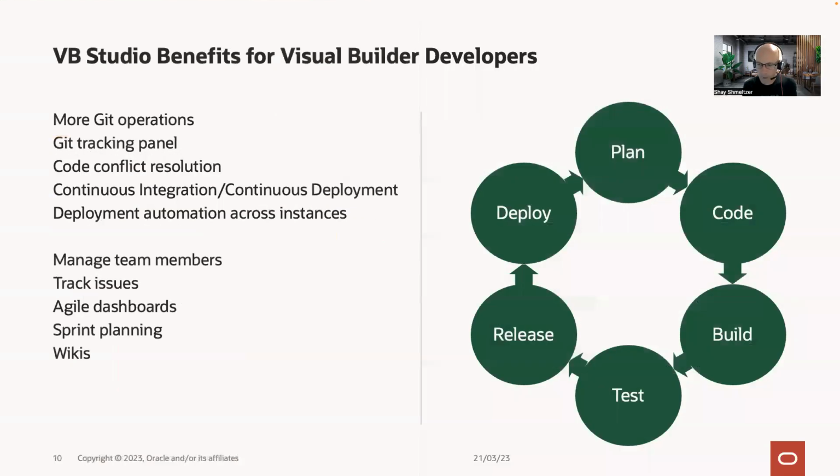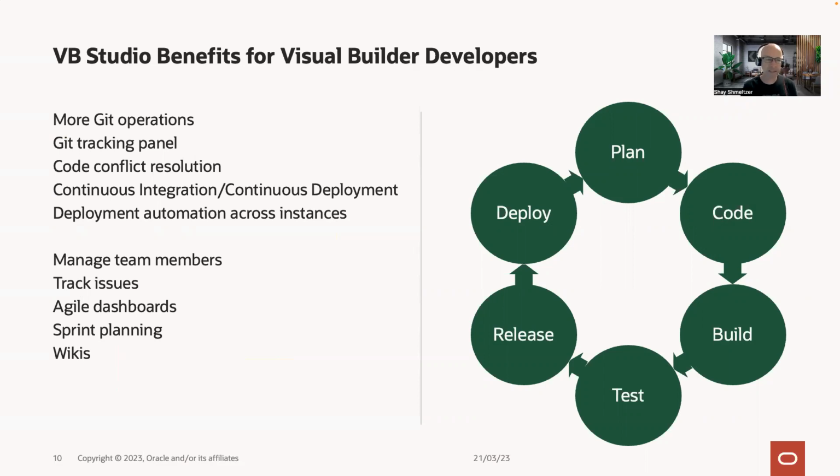Okay. So what features does Visual Builder Studio have, what benefit does it give to someone who's currently using Visual Builder? As you probably know, you can actually do the design time in Visual Builder itself. What's the benefit of doing the design time inside Visual Builder Studio? So several things.